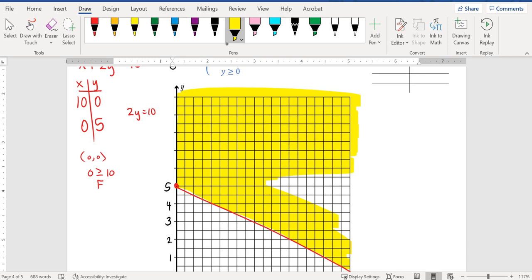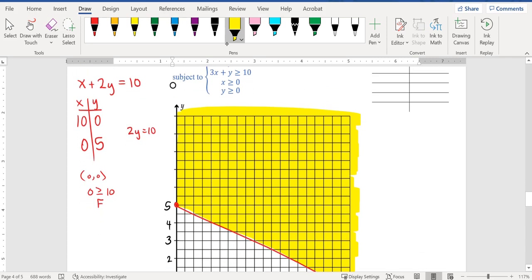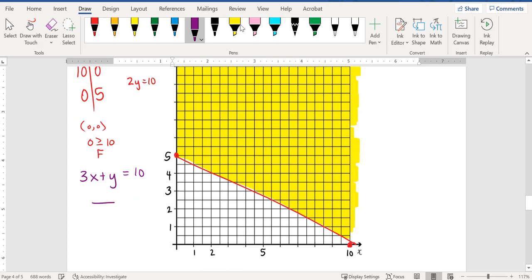Okay. The second inequality, 3x plus y greater than or equal to 10. To graph the boundary, 3x plus y equals 10. If y is 0, I get 3x equals 10, so x is 10/3, or 3 1/3.